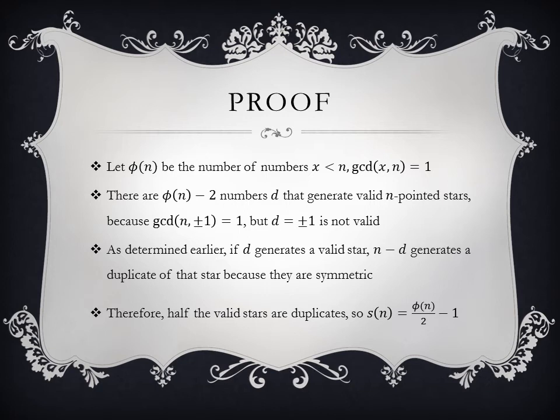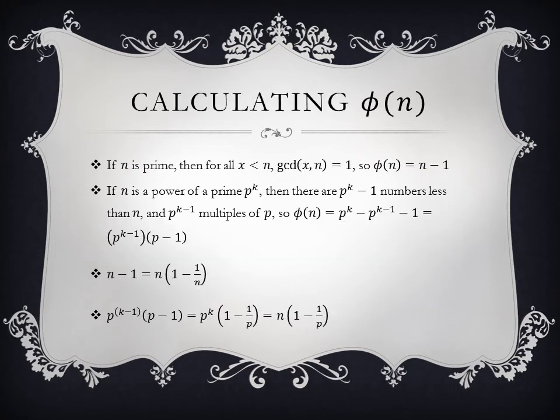So there are phi of n minus 2 possible values for d that generate valid n-pointed stars. However, we already learned that the star generated by d is the same as the one generated by n minus d. So half the valid stars are duplicates. Therefore, the total number of unique n-pointed stars is half of phi of n minus 1.